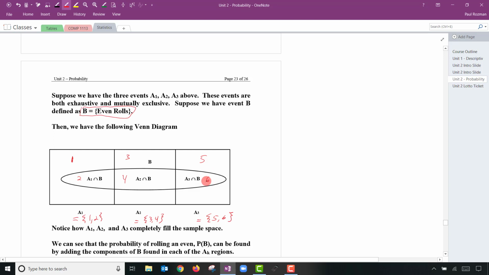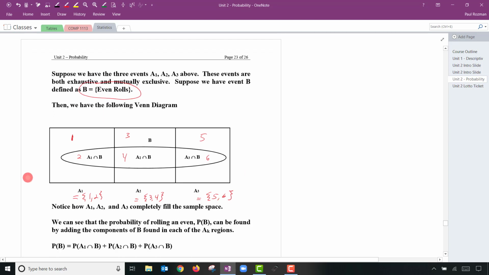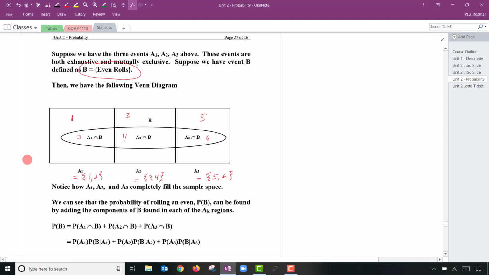I'm trying to come up with a formula for finding the probability of an even roll given this situation. Well, basically to get the B, I want to add this piece to this piece to this piece.